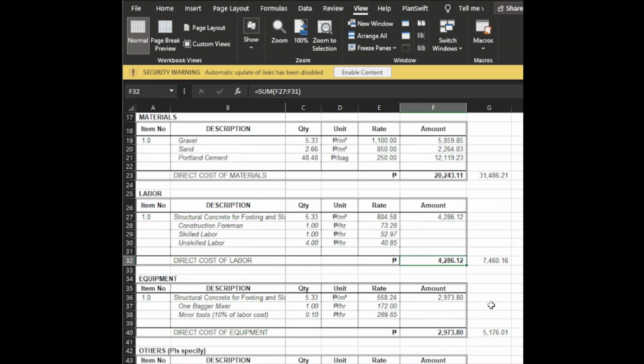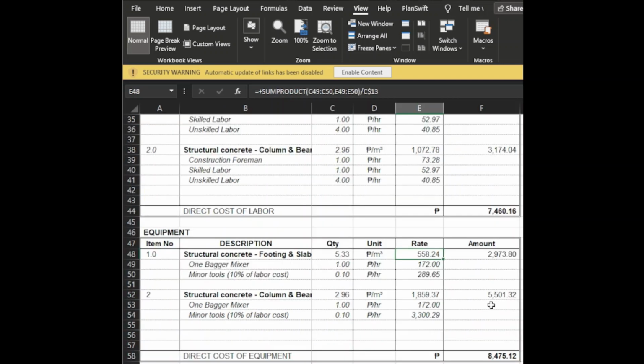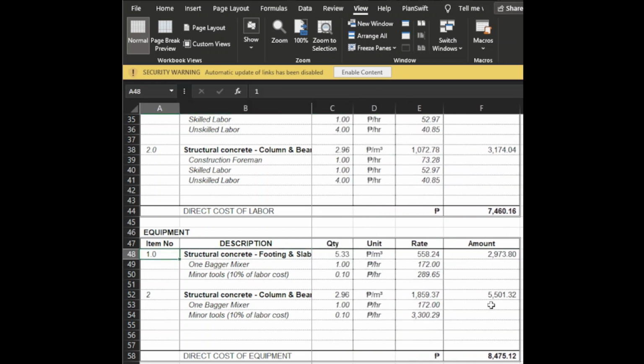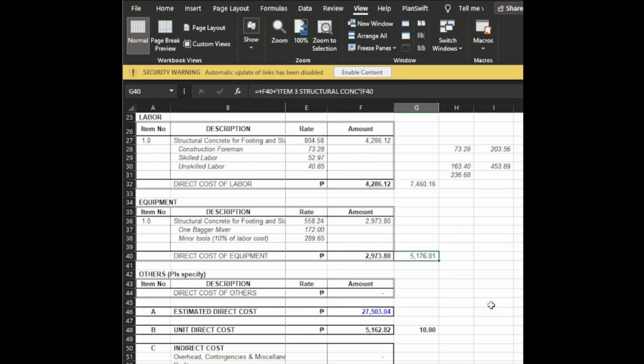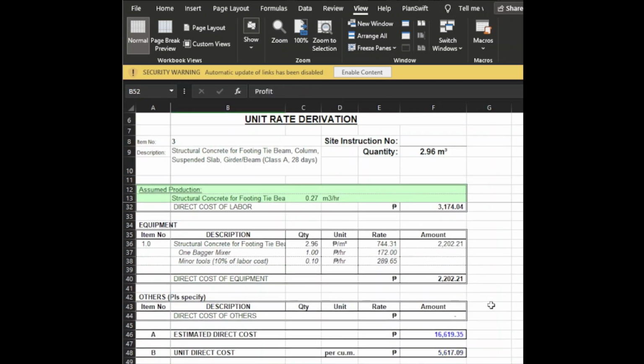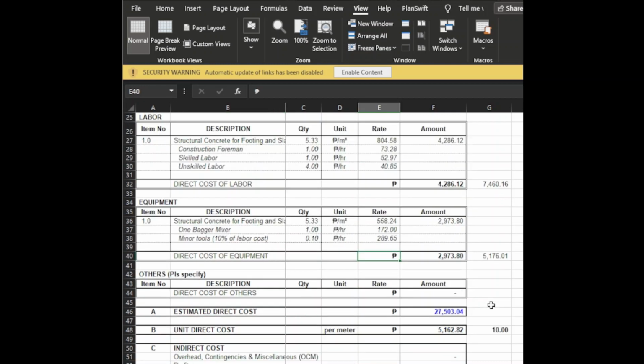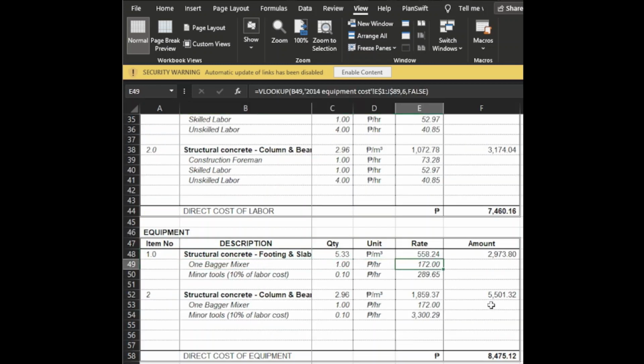Where is the 5 equipment? This one is 5,176. That is the total. But this one, 8,475. Okay, 5,176, and the equipment here is 2,202. 2,202.